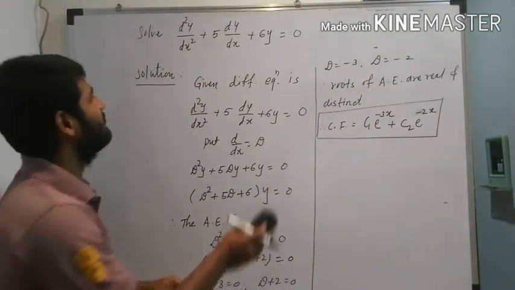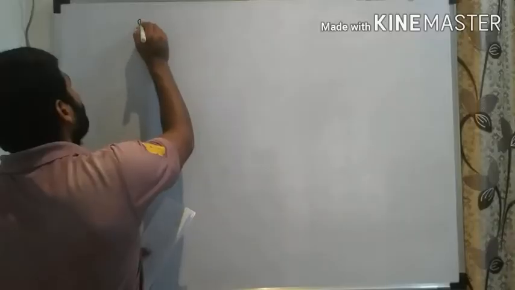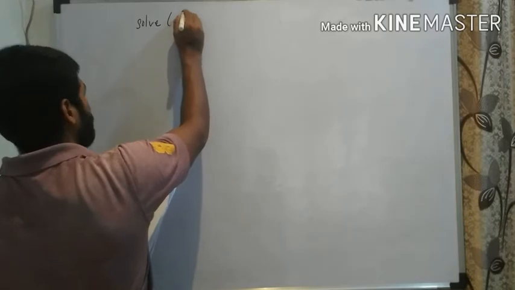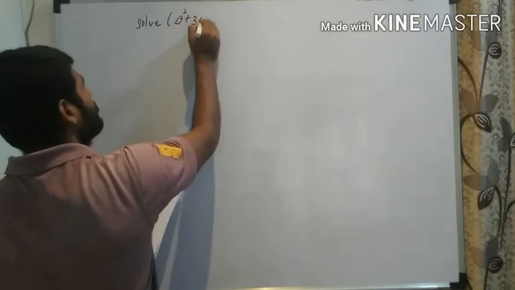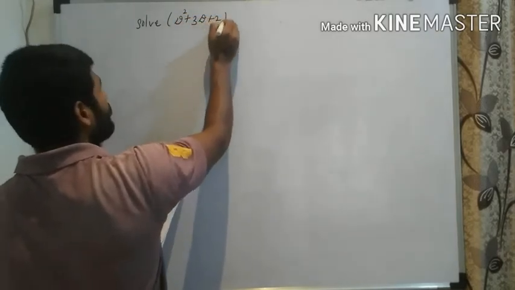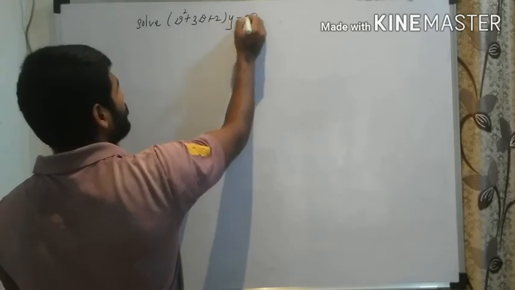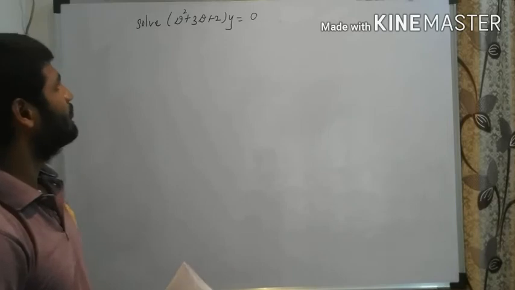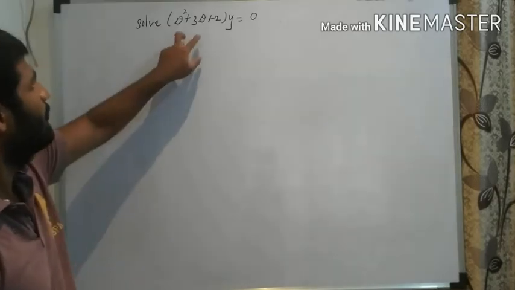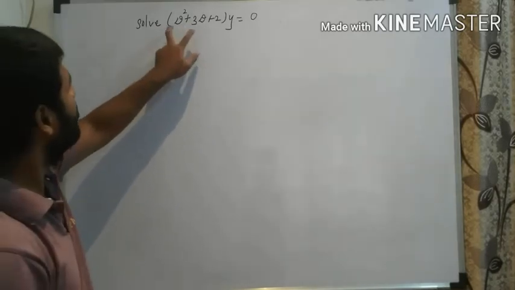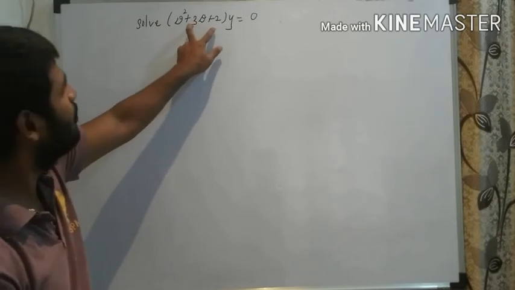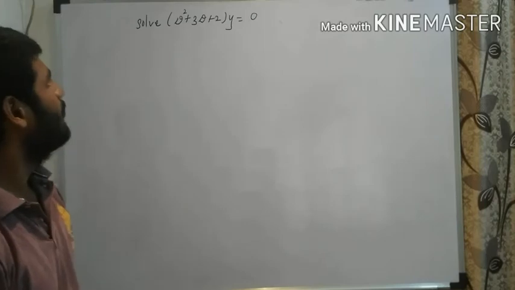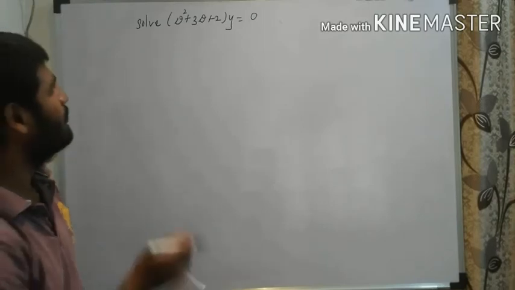Now let us see the second example on d square plus 3d plus 2 into y is equal to 0. Now this is the second differential equation, given in the form of capital D, that is of the form f of d into y is equal to 0. So we have to directly write the auxiliary equation.